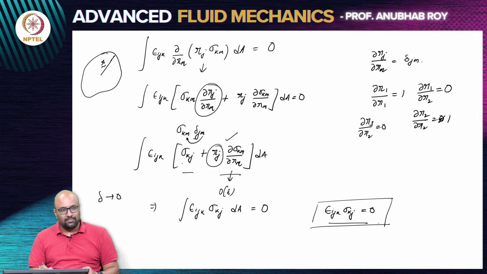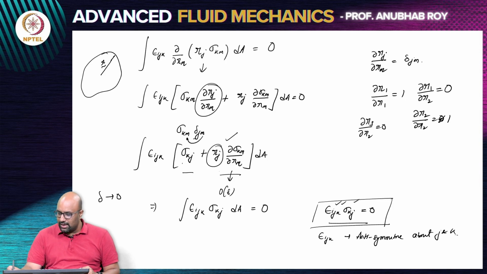What does this mean? When would this be true given that you have some arbitrary stress tensor sigma_kj? This has a repeated index j and a repeated index k. Epsilon_ijk is the permutation tensor which is also antisymmetric about j and k.